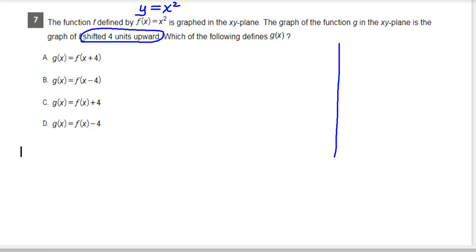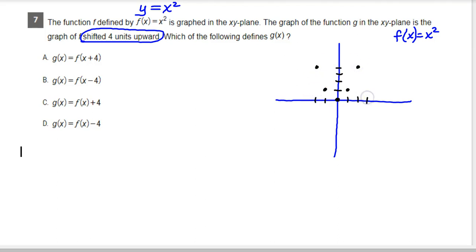You need to know kind of the parent function or the basic function. So if f of x is x squared, then basically what that looks like, it's a parabola. It's a parabola that crosses through at 0, 0. That's where its vertex is. And basically it goes over 1, up 1 on both sides, over 2, up 4.